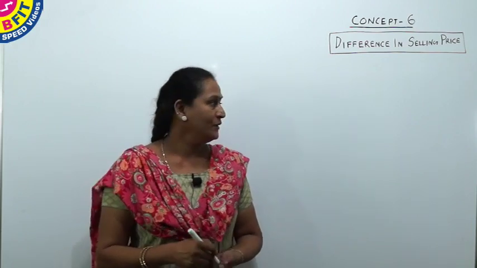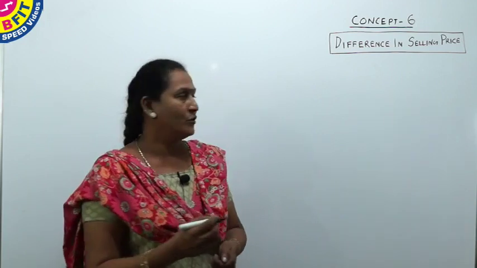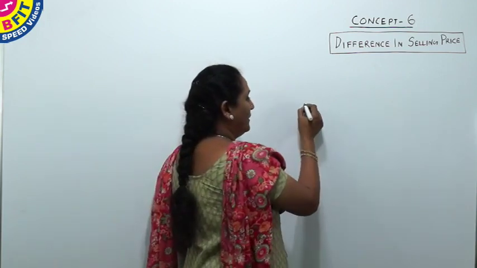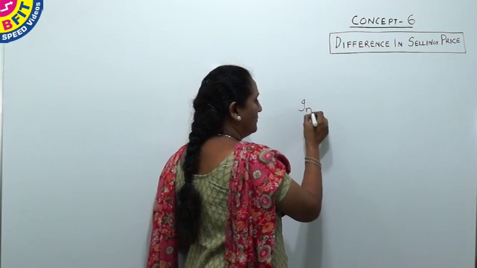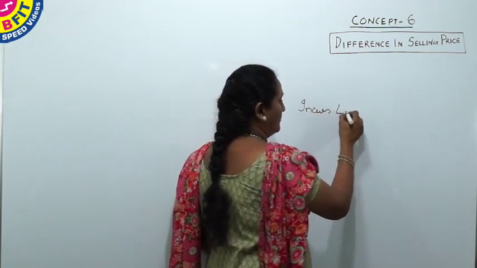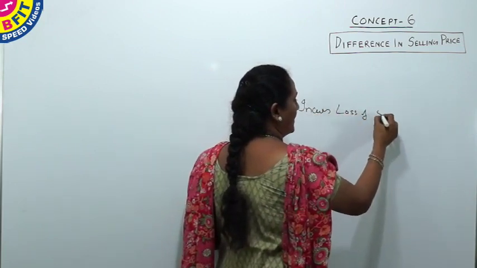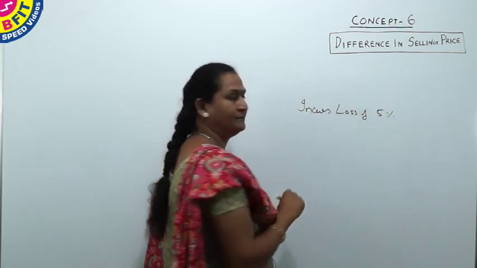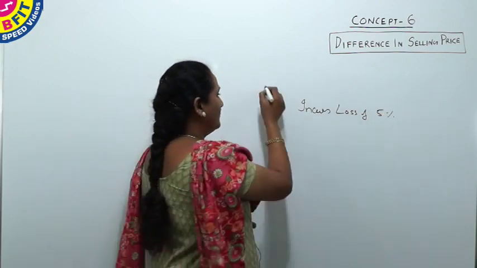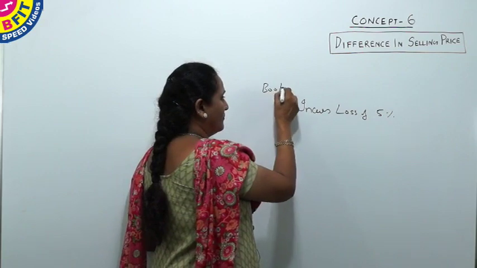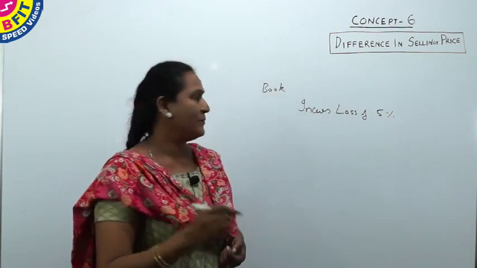Say for example, a person sells a book and he incurs a loss of 5%.